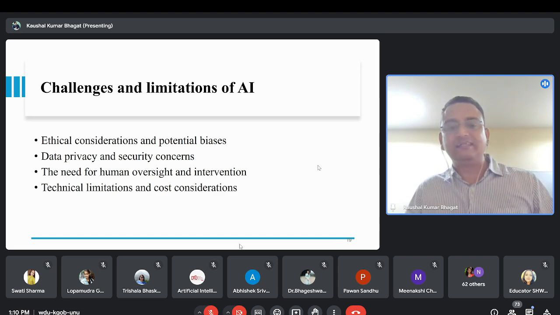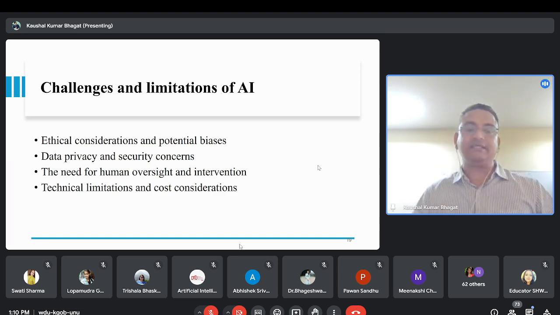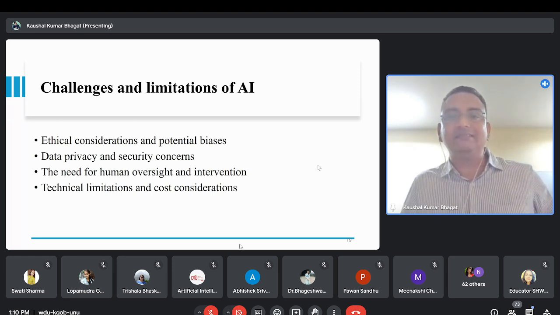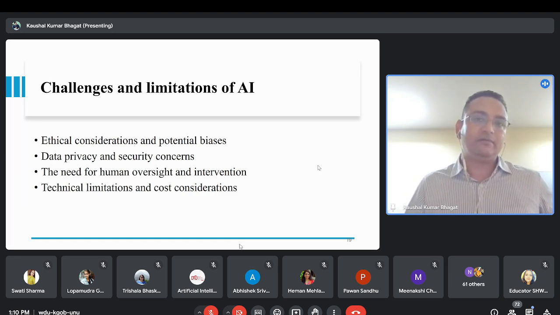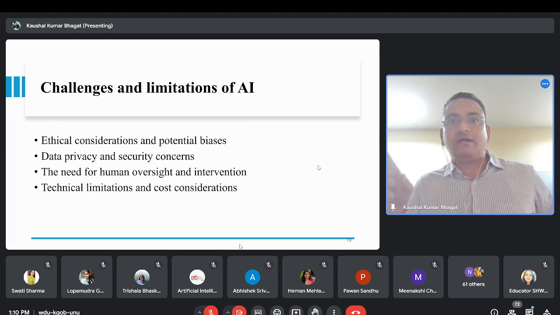Then technical limitation and cost consideration. As I mentioned, artificial intelligence, as you have read also, requires a lot of computing facilities, which require a lot of electricity, hardware, and all those kinds of things. Like you have read about ChatGPT, when you ask one question, it consumes a huge amount of energy.